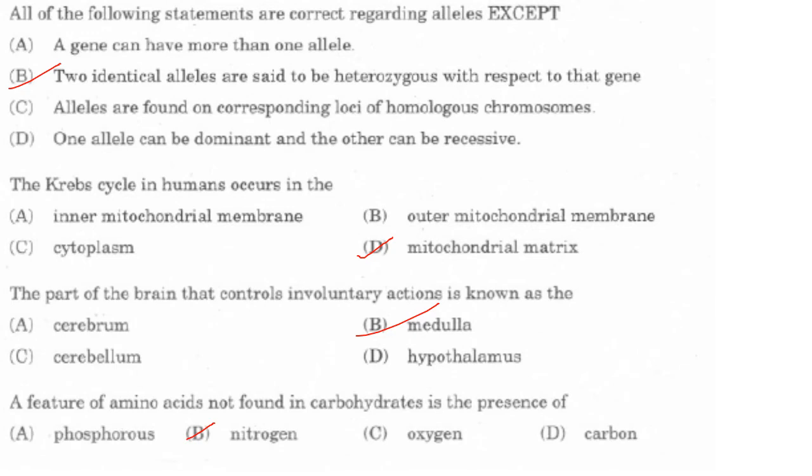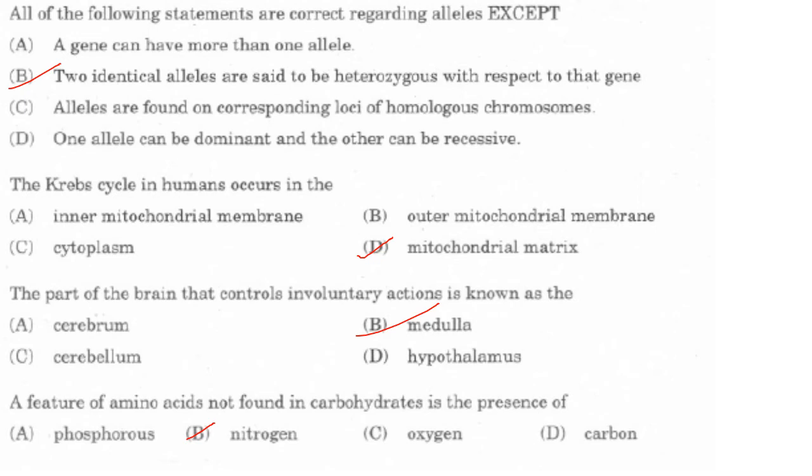Then next one. All of the following statements are correct regarding alleles except: a gene can have more than one allele. That is correct. Two identical alleles are said to be heterozygous with respect to that gene. No, identical alleles are said to be homozygous with respect to the gene, not heterozygous.